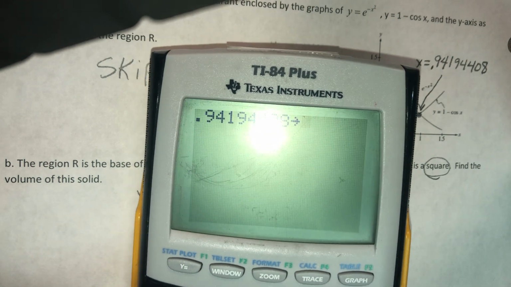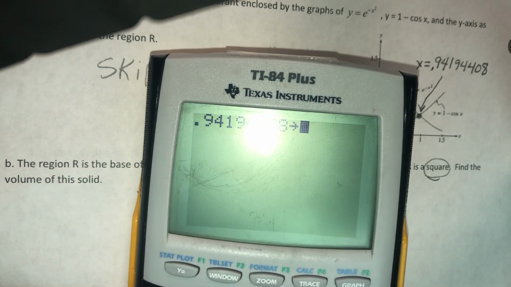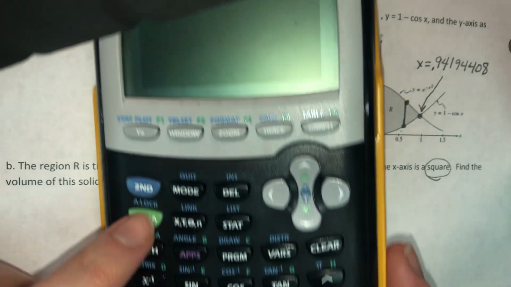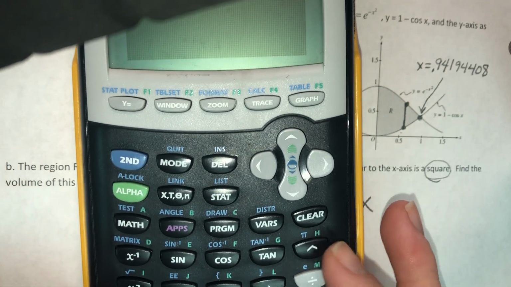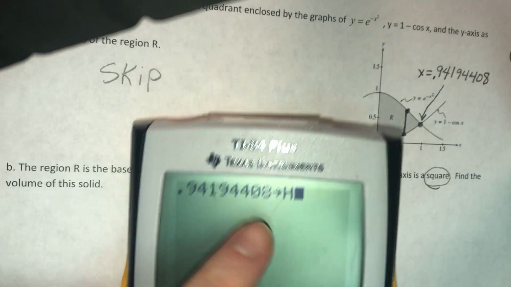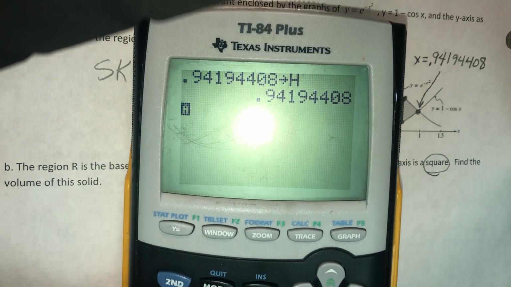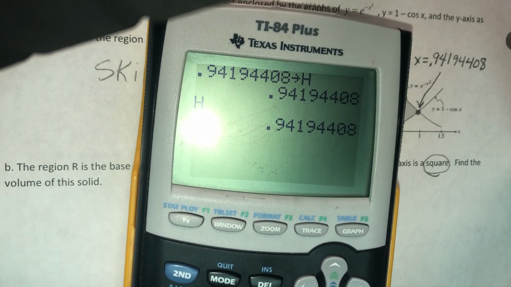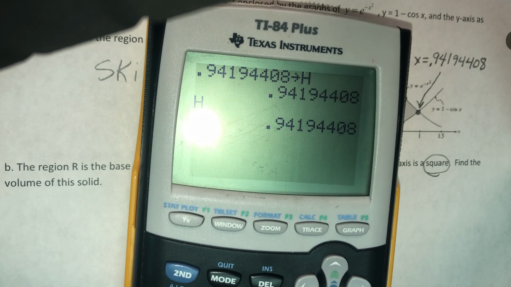I'm going to store it as H for Heiss. You can store it as your initial if you want. The H is if you hit the green alpha button and then the caret button next to pi. So now it says store that as H, and I'm going to press enter. So now anytime I hit alpha H, it's going to have that number stored until I clear my memory in my calculator or store over the top of that one.